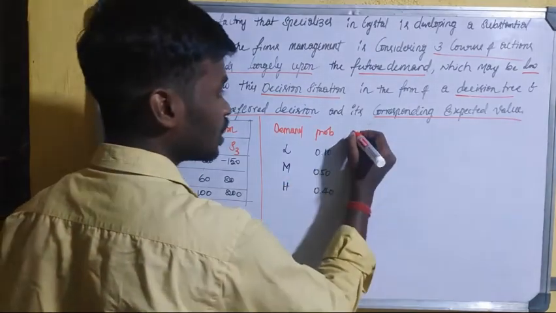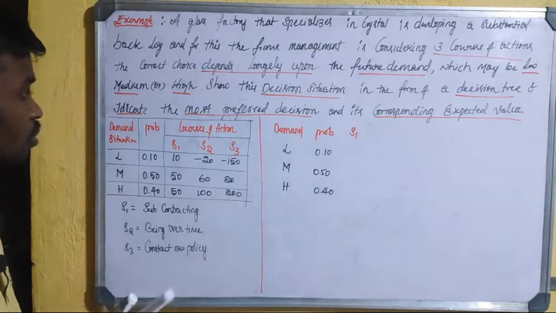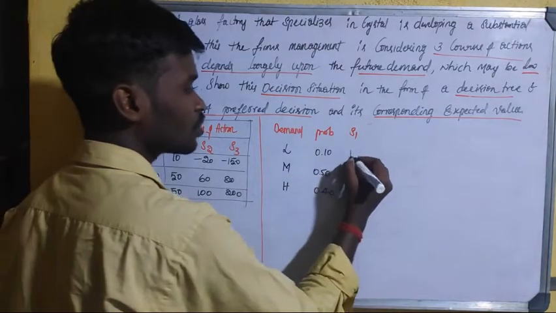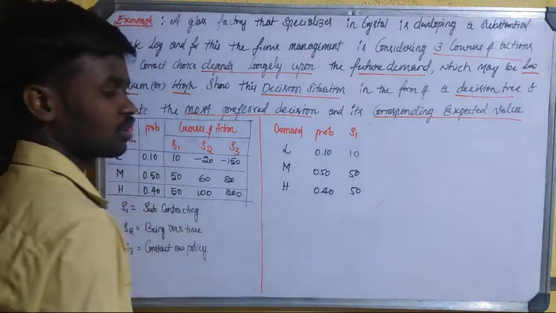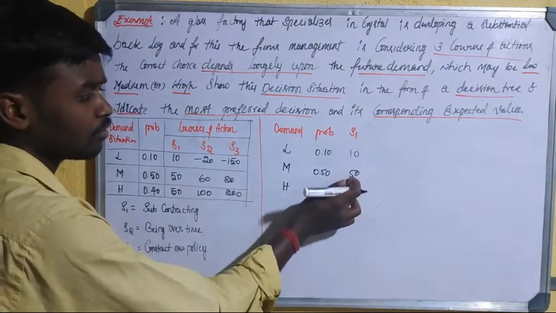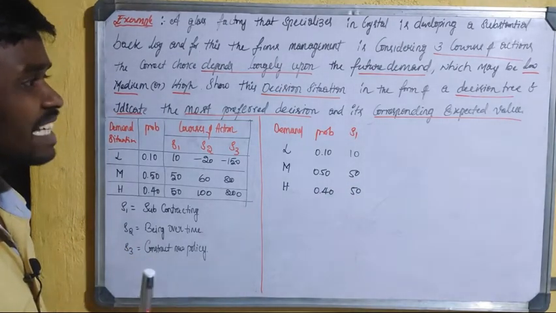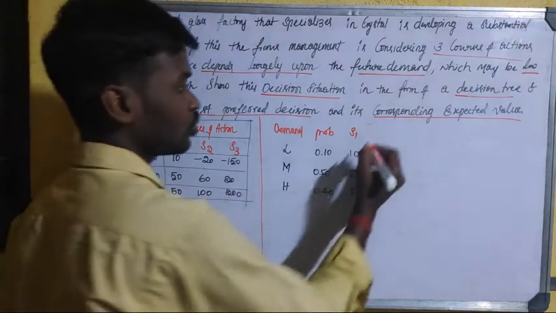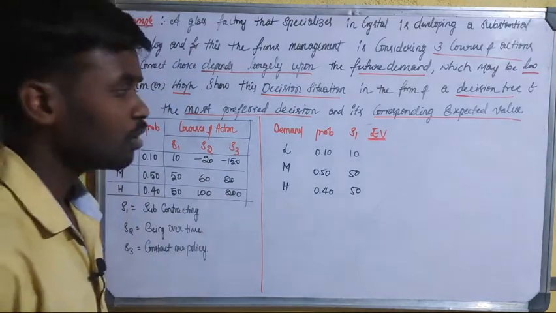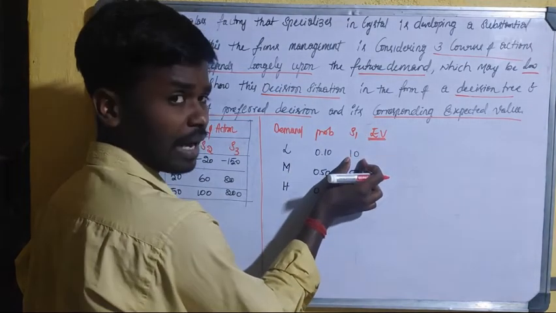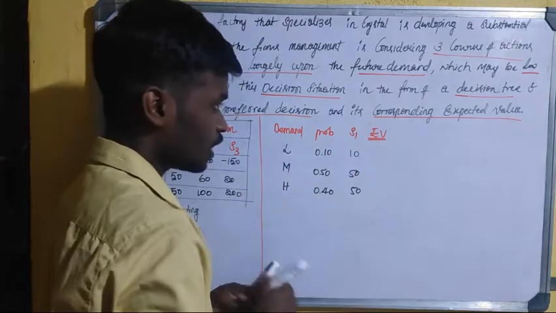So alternative 1 is understood as subcontracting, right? The S1 values are 10, 50 and 50. In order to calculate the expected value, we have to multiply the subcontracting values with the probabilities.